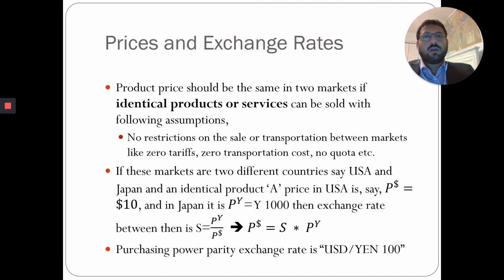First of all, we need to know about the law of one price. The law of one price says that if there is an exact same or identical product and it is getting sold in two different countries, once the price of that product is converted into a common currency, the price should be the same irrespective of the market where it is getting sold.